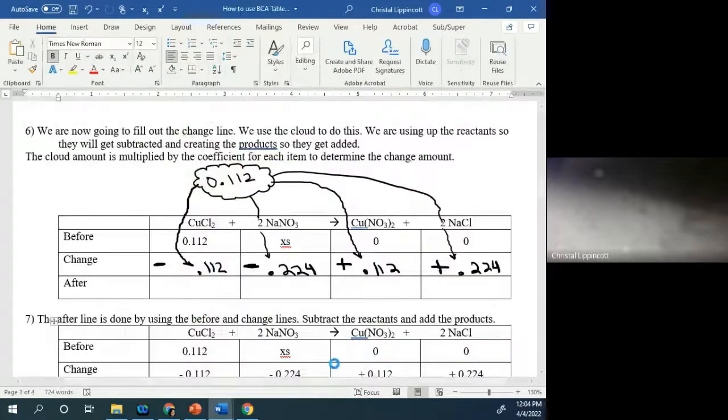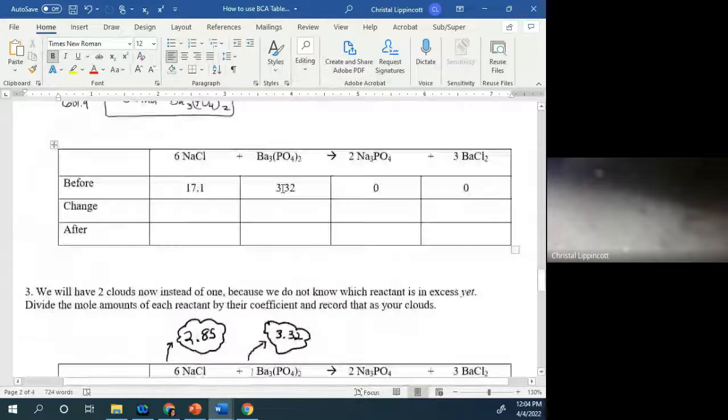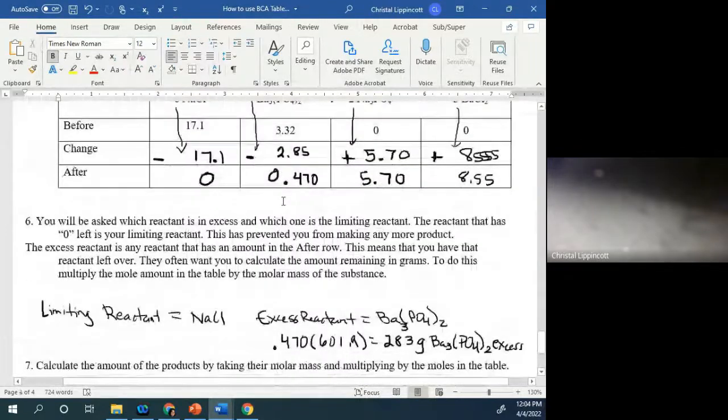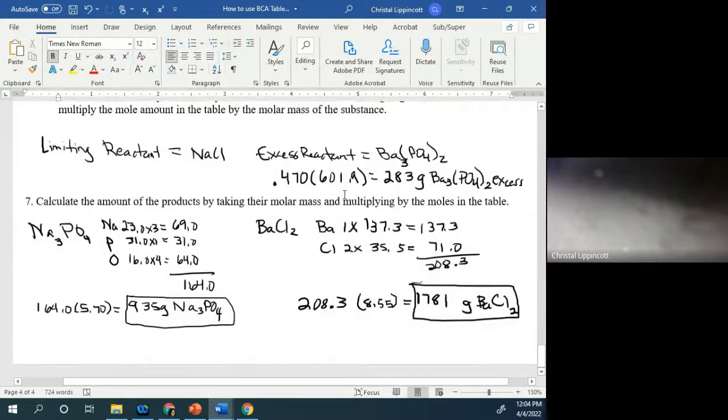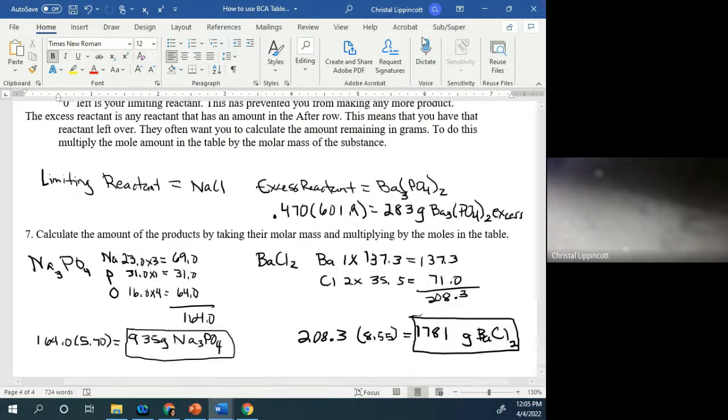Let's go back and read our instructions here for how to get mass. So it says you will be asked which reactant, we'll get to the excess reactant. Right now we're doing this one. So calculate the amount of products by taking the molar mass and multiplying by the moles in the table. So I need to figure out the molar mass and multiply by that mole amount.